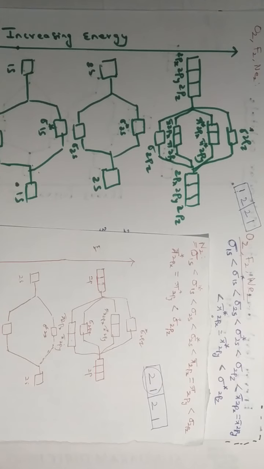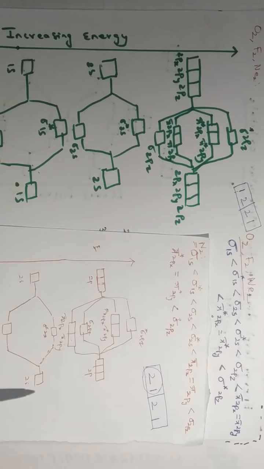However, for some of the elements such as boron, carbon, nitrogen, the sigma 2p orbital lies at a higher energy than the pi 2p orbitals. And this is because the difference between 2s and 2p atomic orbitals is very small.